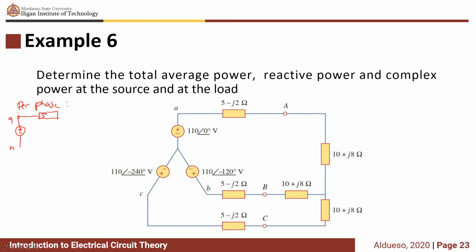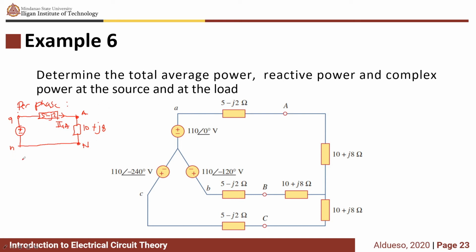We have 5 minus J2. We have the load per phase. This is 10 plus J8. IAA. So remember, in a Y configuration, the line current is equivalent to the phase current.